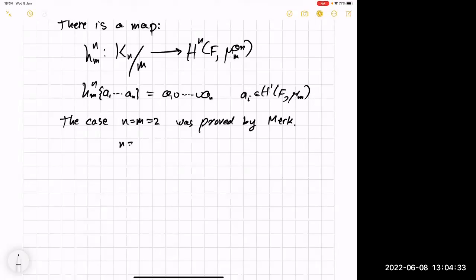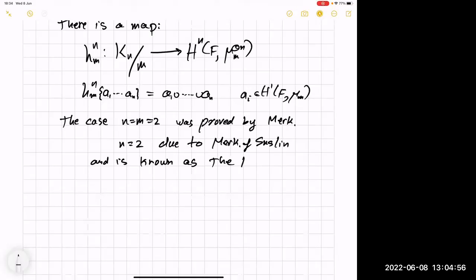The case n equals 2 is due to Merkuriev and Suslin, and is known as the Merkuriev-Suslin theorem.